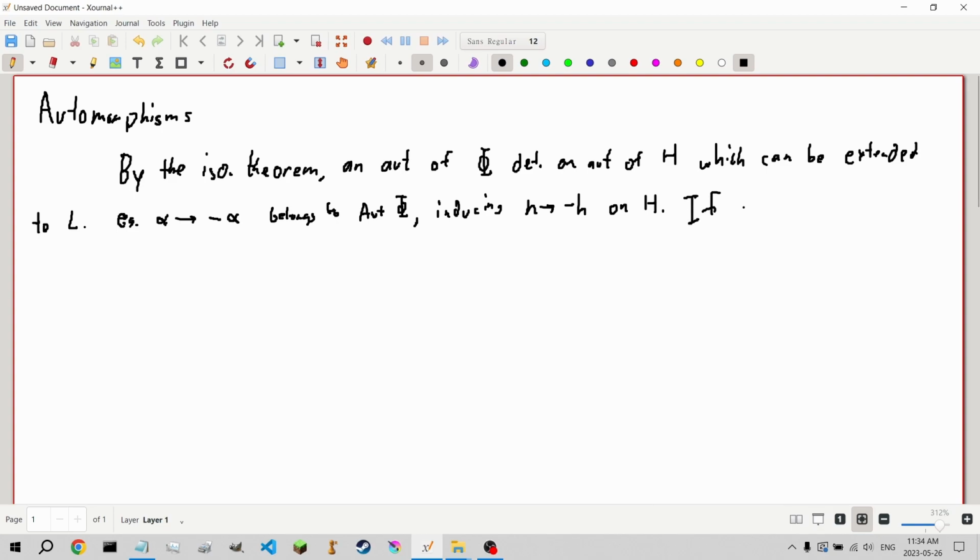So if we have a map sigma from h to h, sigma of our h of alpha is then going to be equal to negative alpha, which is h of negative alpha.